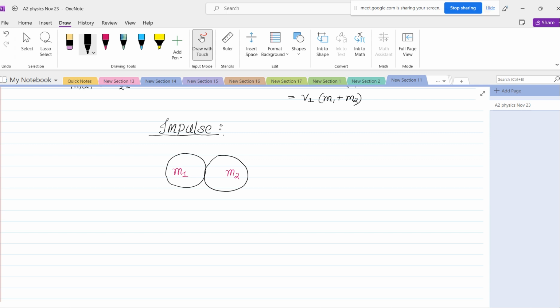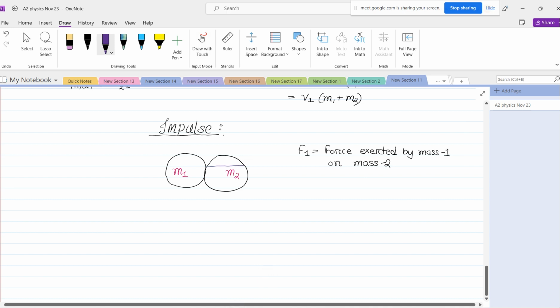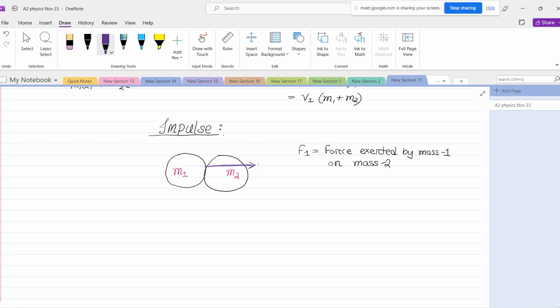So I know my words are very confusing, so let me just write it down at the corner. F1 would be force exerted by mass 1 on mass 2. So I am referring to that force as blue line. So this is the force exerted by mass 1 on mass 2. This is F1.